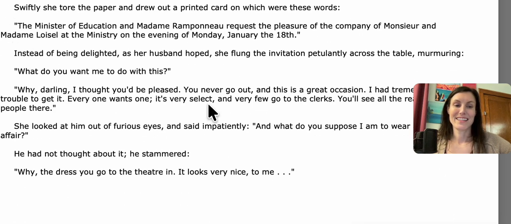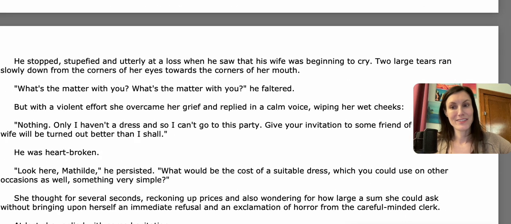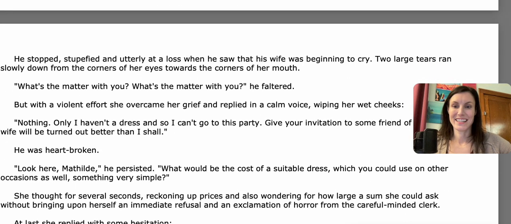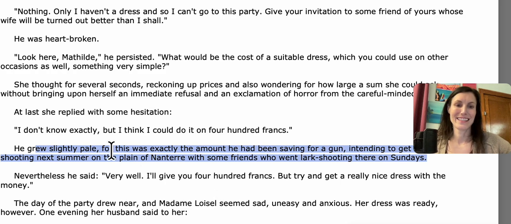So when he gets this invitation to go to this ball, you could characterize her as not being appreciative. You could also say she is somewhat selfish, because here she's going to take her husband's 400 francs that he was saving to get something for himself, and she's going to use the entire thing for a dress. He doesn't really involve her in the finances either, because he wasn't saying that he had 400 extra francs.